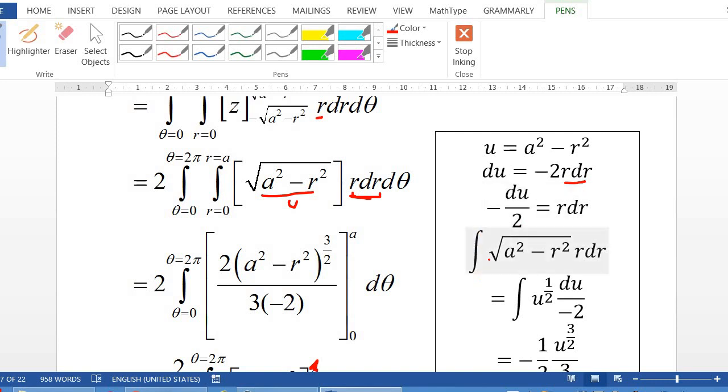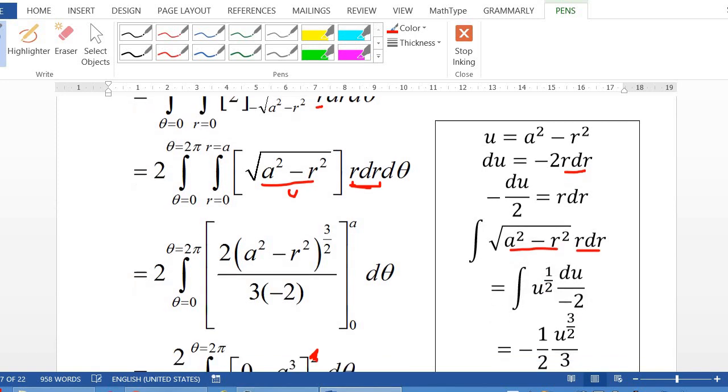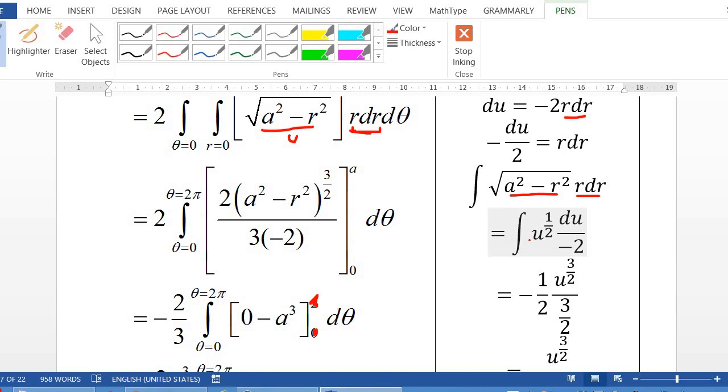So the integral of the square root of a squared minus r squared times r dr, when r dr changes to du over negative 2, and a squared minus r squared to the power half becomes u to the power half. So we integrate negative half u to the power half. In integration, the power increases by 1, so u to the power 3 over 2 divided by the increased power, 3 over 2.